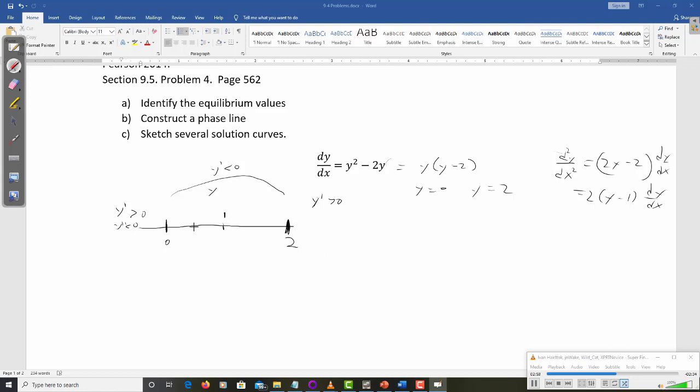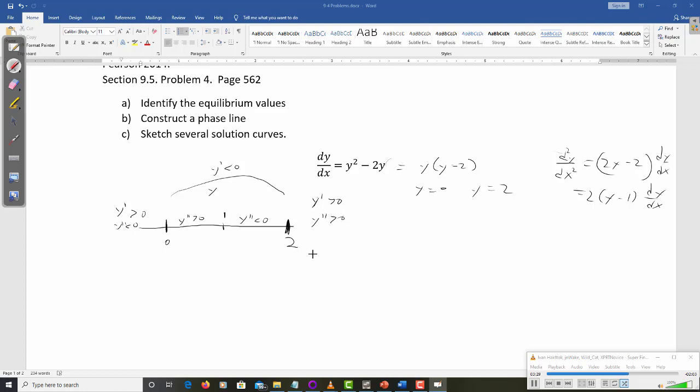Because you plug in, say, a 0.5, still negative, but now that's negative, so this is positive. Go over here, plug in, say, 1.75, positive times negative is negative. And then first derivative is positive, y minus 1 is positive over here, so y double prime greater than 0.